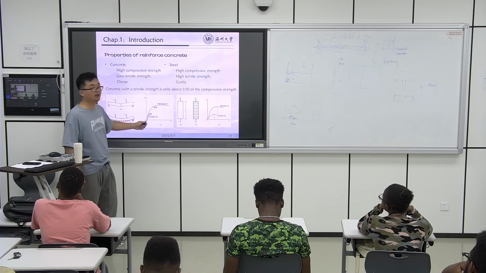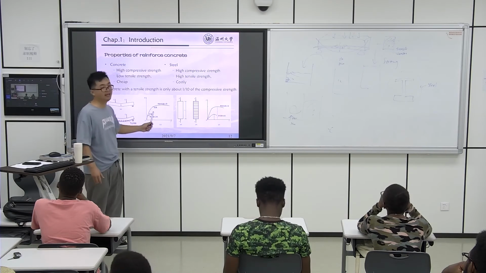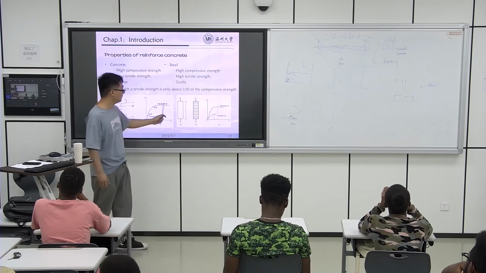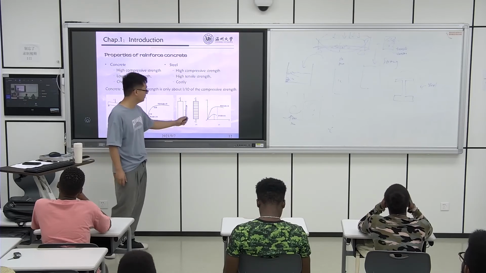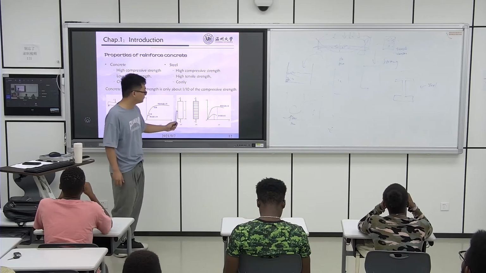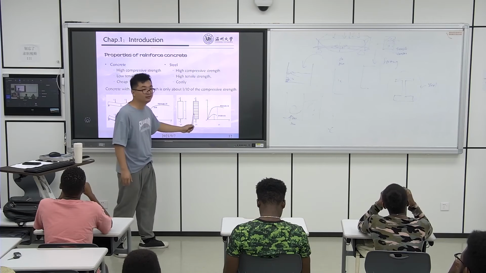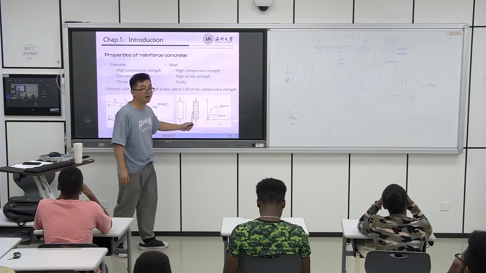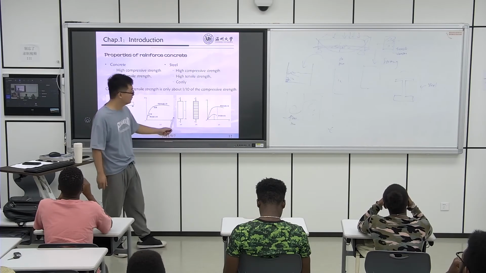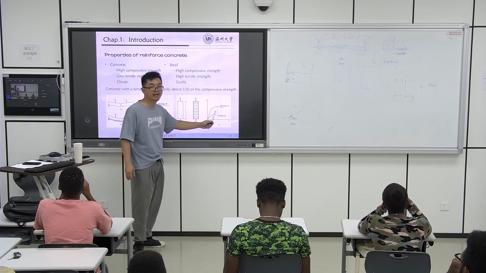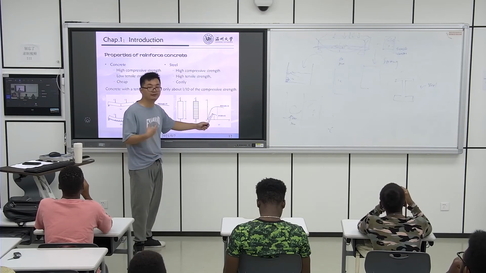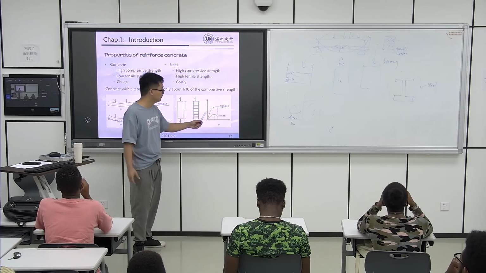Yeah, these are the guides doing the test to get the values. This is for the columns, right? Columns. If only the concrete, or if we add the steel bars, they also measure the values of the force.